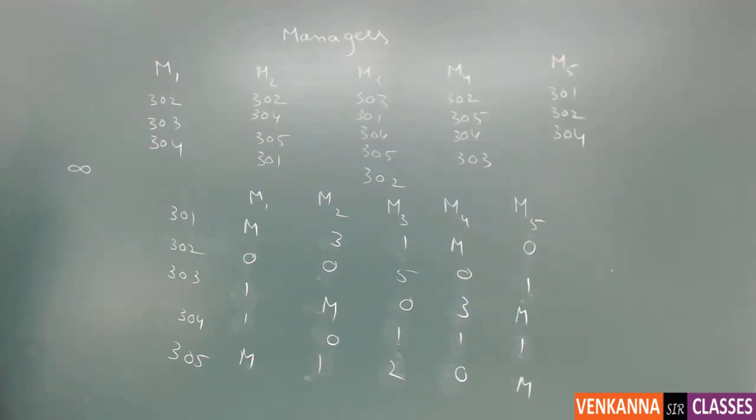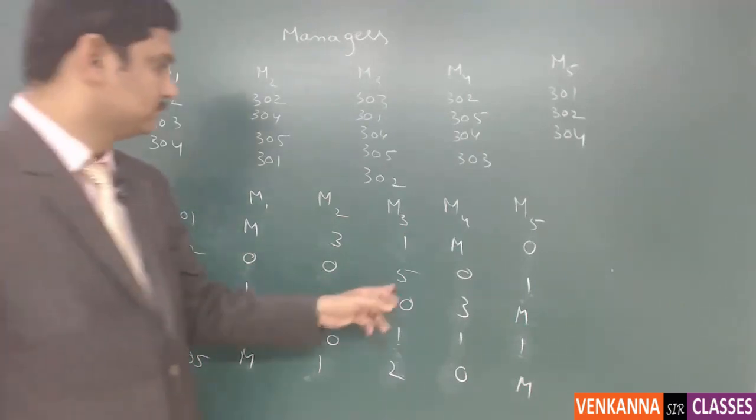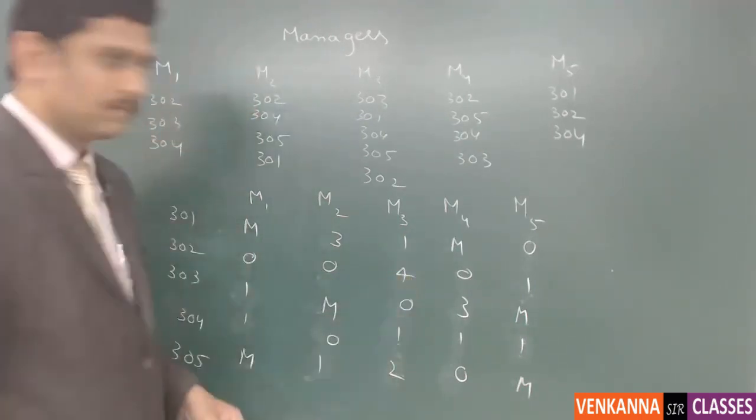M3 to M3. The value must be... So can you give the room number and the manager number? 302 to M3, right? It must be 4. Fine.